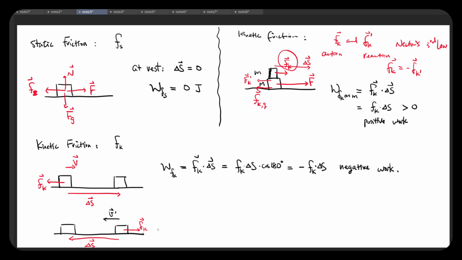The kinetic friction can change its direction. So now when I calculate the work done by Fk, I will do a similar dot product, and then there's again a 180-degree angle. So we get negative Fk delta S. So again, it's a negative work.